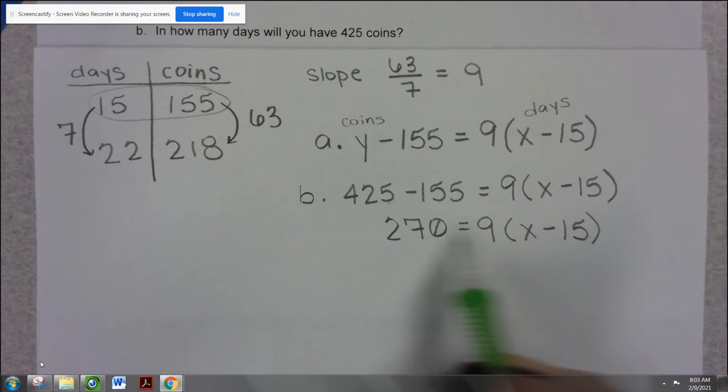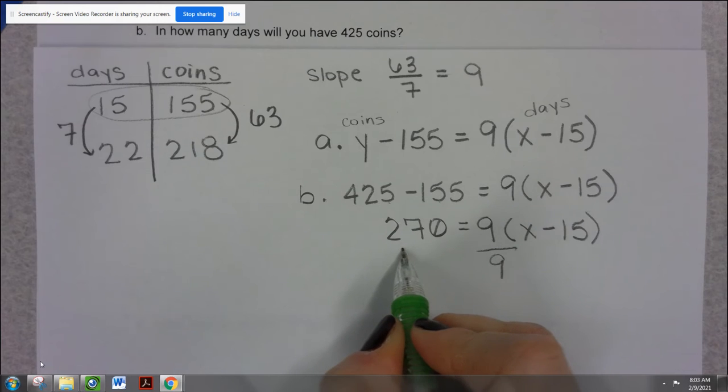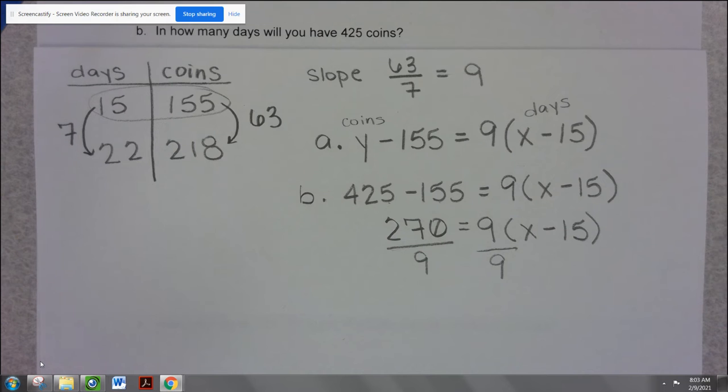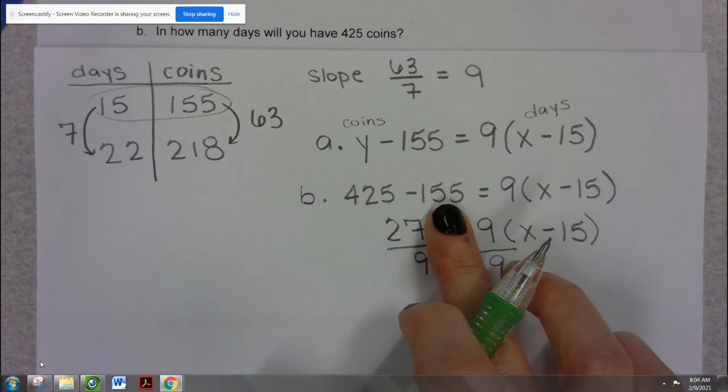And then subtracting 55 from 325 would bring me down to 270. Now I notice that if I divided by 9 here, 27 is equally divisible by 9, which means 270 is equally divisible by 9. 27 divided by 9 would be 3.